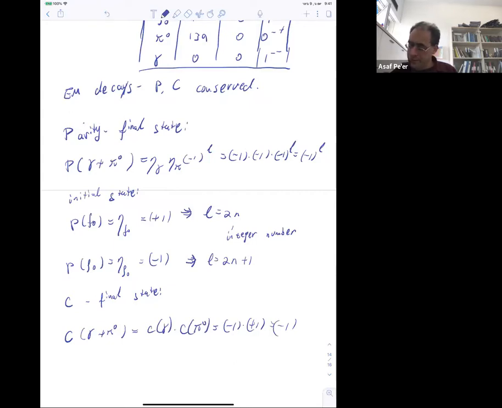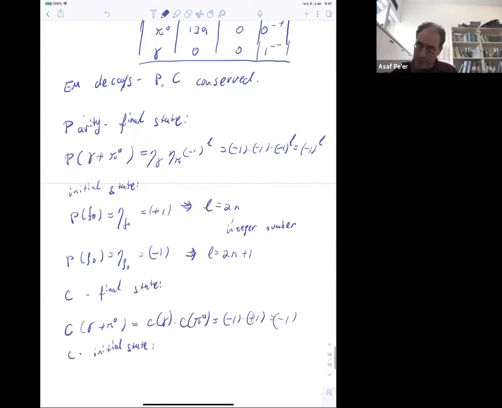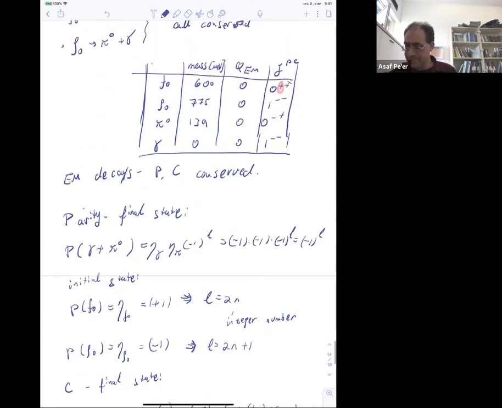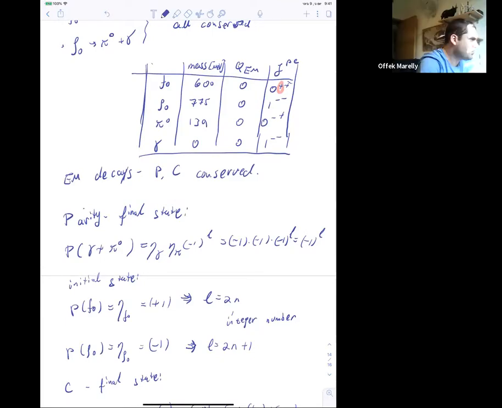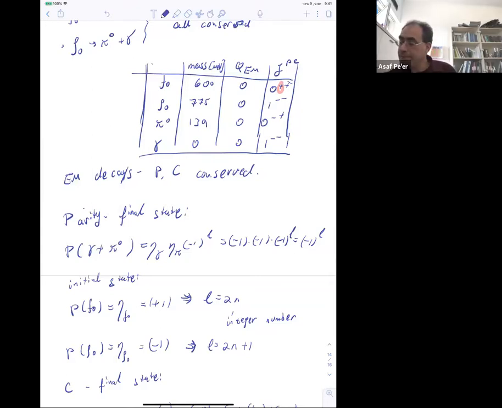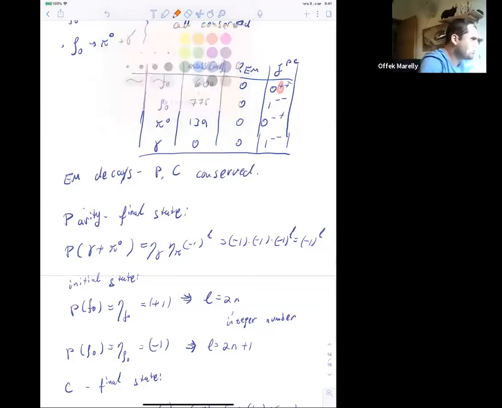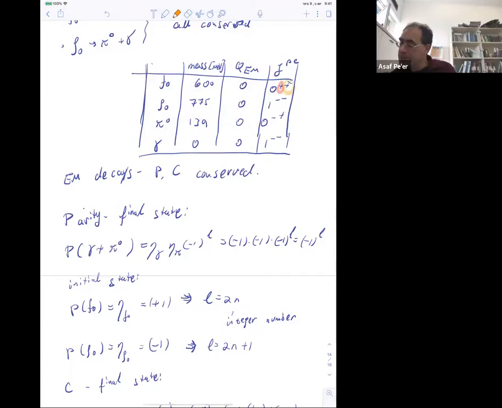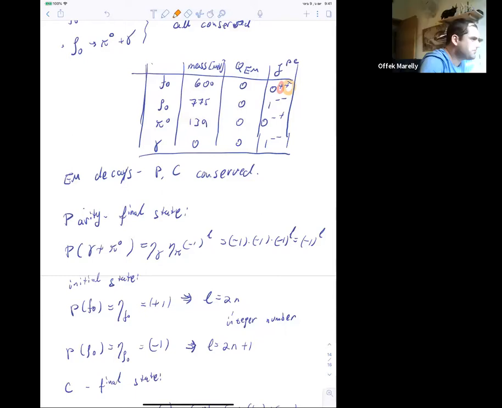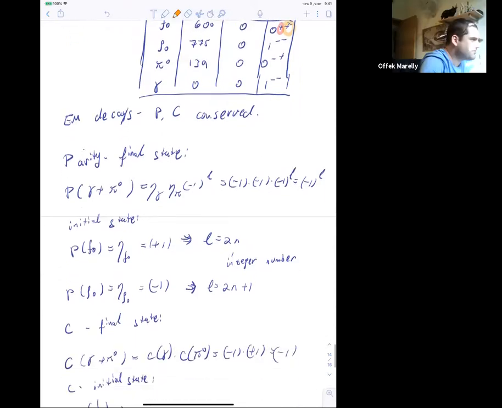What is C of the initial state? What is C of the F0? It looks like a plus. Here it's a plus. C of F0 is plus 1.